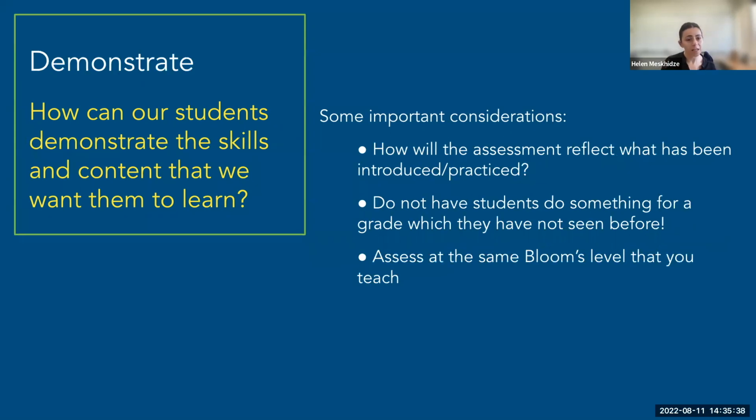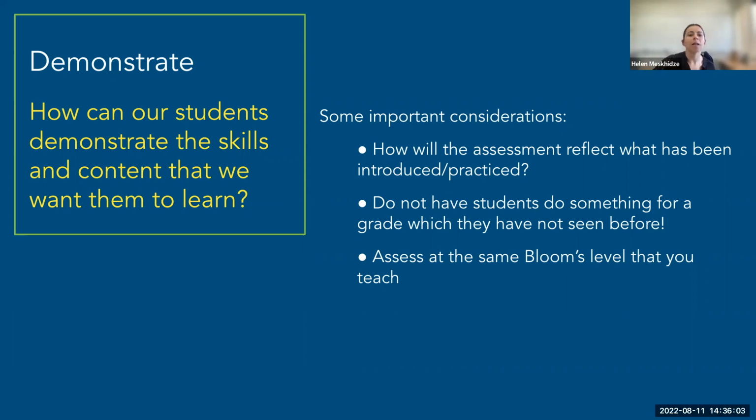And then finally, the demonstrate. How can our students demonstrate the skills and content that we want them to learn? Questions here include how will the assessment reflect what you introduced to them and then what they practiced. Make sure that the style and level are the same. The style meaning, is it a group assessment? Have they been doing group activities?